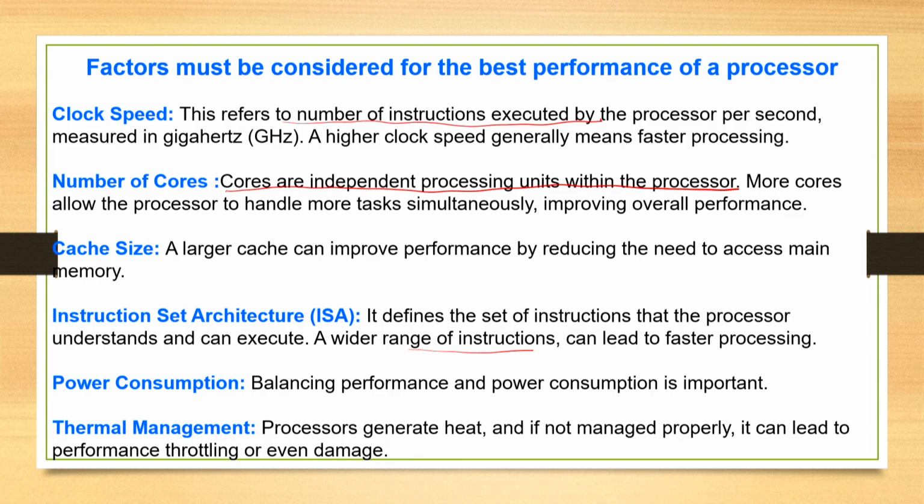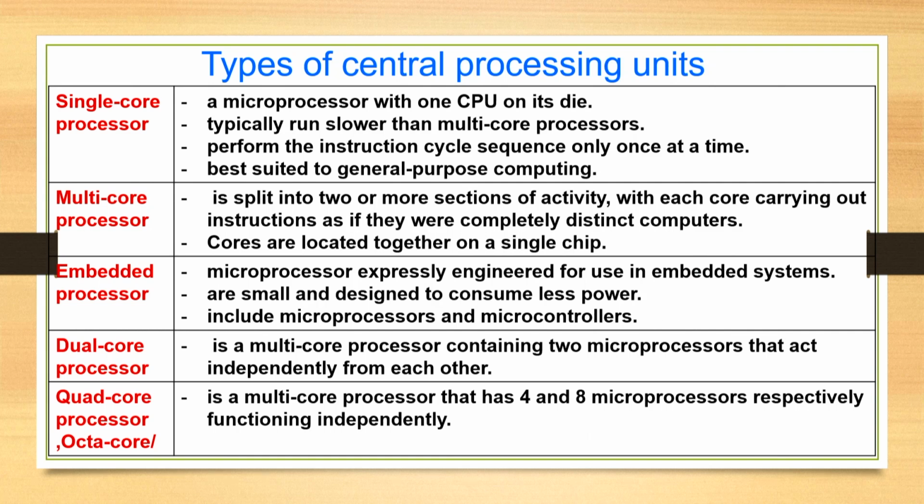So we need air conditioning for cooling it. If we don't cool it, it may lead to damage. Therefore thermal management is also considered a factor for the best performance of a processor.